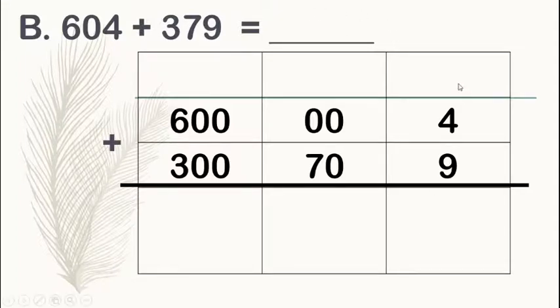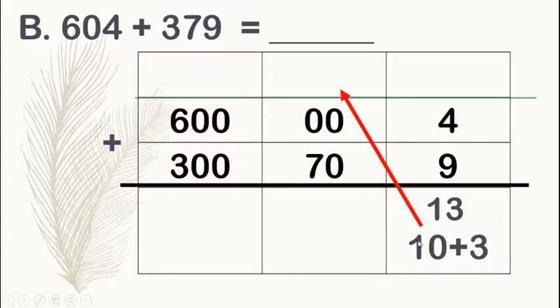Always remember to start adding in our ones. 4 plus 9 is equal to 13. So we need to expand 13. 10 plus 3. So we need to move our 10 to our tens. So 10 plus 0 is equal to 10. 10 plus 70 is equal to 80.